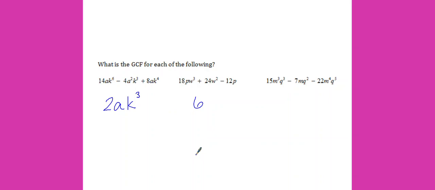And for 15m cubed q cubed minus 7mq squared minus 22m to the 4th q to the 5th, it would be mq squared. How'd you do?